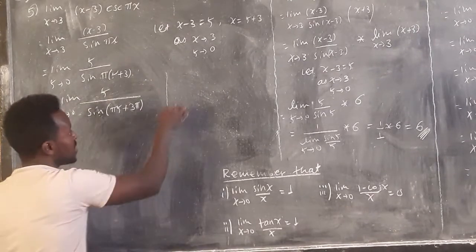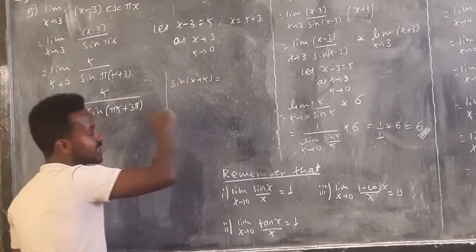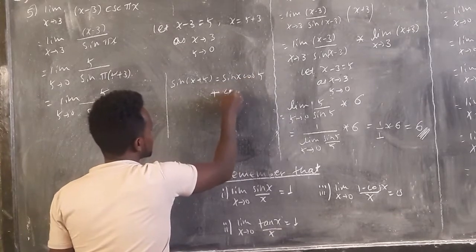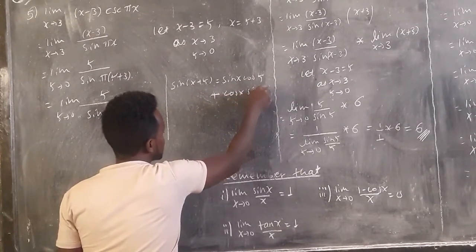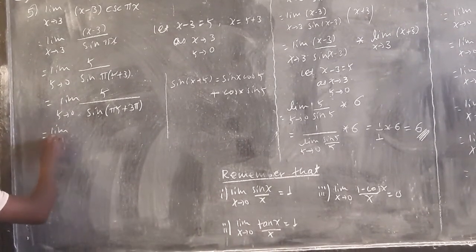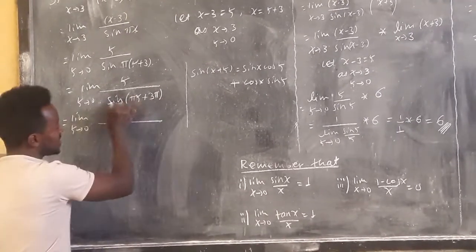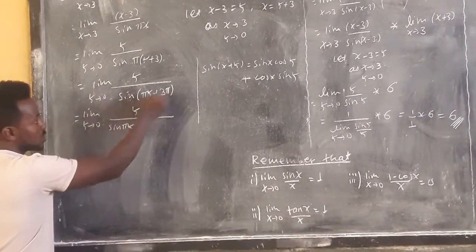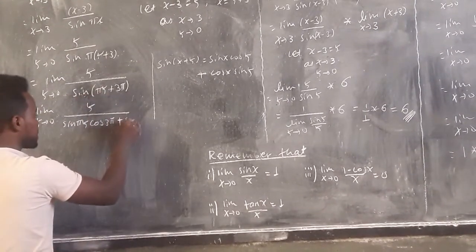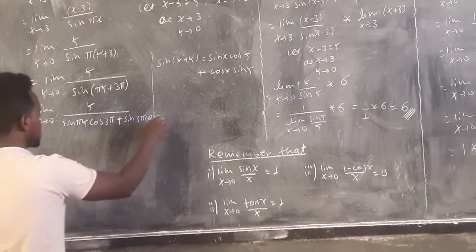Remember that sine of x plus y is sine x cos y plus cos x sine y. So this is the limit as y approaches 0 of y over sine pi y times cos 3 pi plus sine 3 pi times cos pi y.